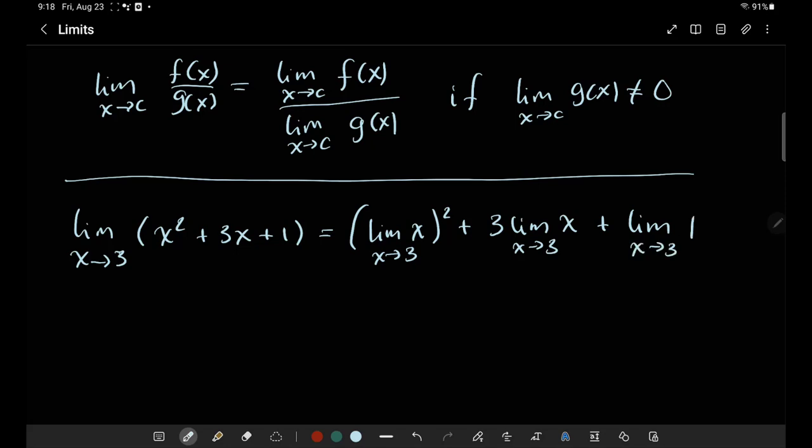The only thing we would have to have established is that the limit as x goes to 3 of x is just 3, and then you can plug that in, and the limit of a constant is a constant. With that, we would have that this limit is just the evaluation of the function at 3, and for algebraic functions that is going to be true.